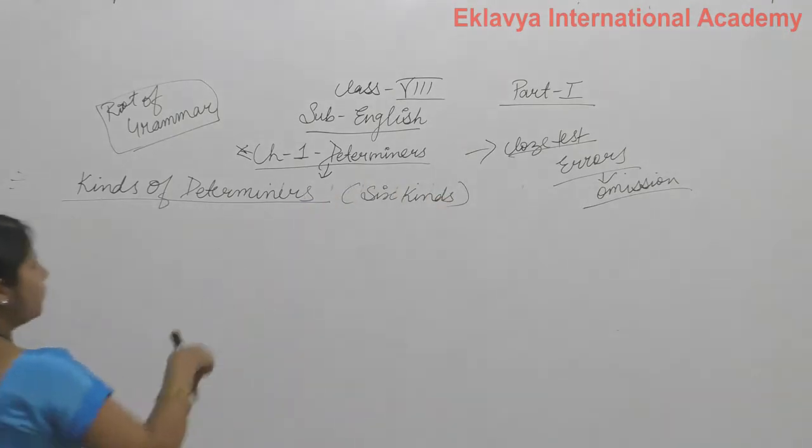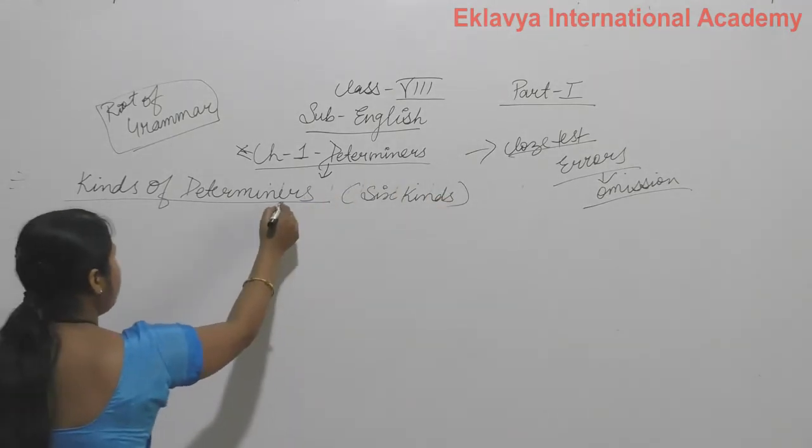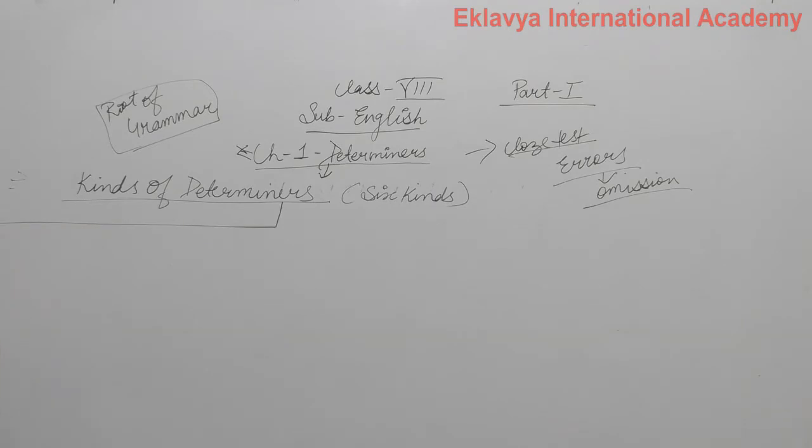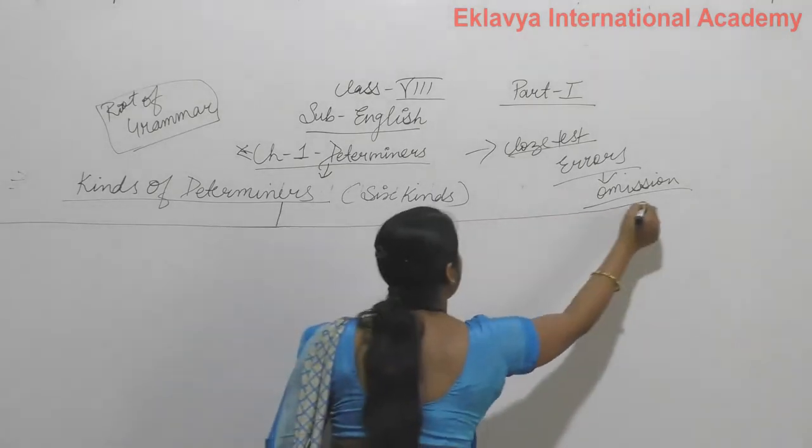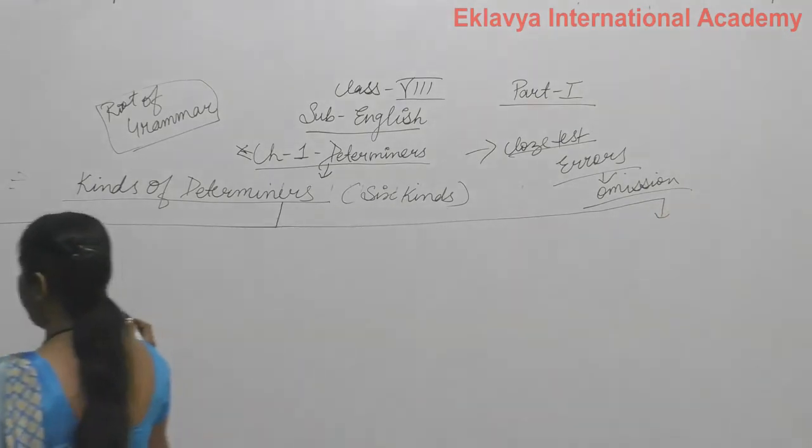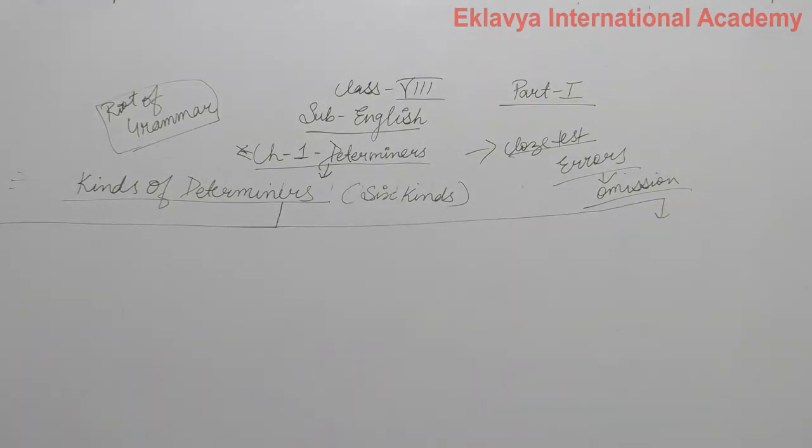Now what you all do is write in table form, means chart form. Make a separate chart this way. So let's start the kinds of determiners.